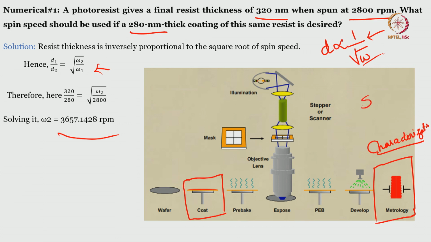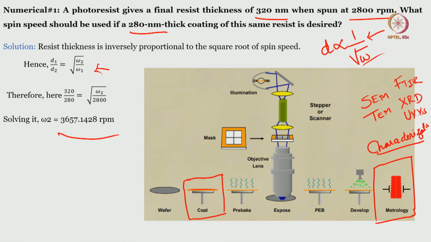Some of them are SEM, imaging techniques, TEM, then you can do some other spectroscopy, FTIR, XRD, UV-vis. Based on different structures and different process flows, you can use different characterization techniques to evaluate whether you have got the correct desired pattern or not.